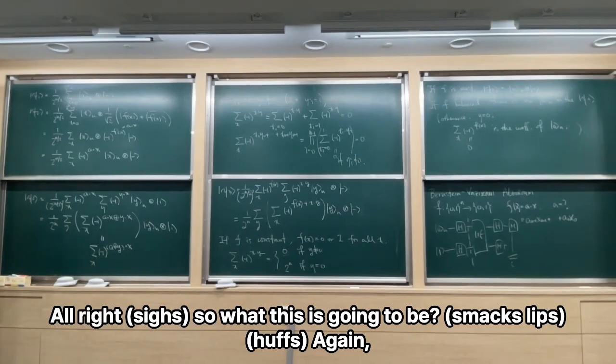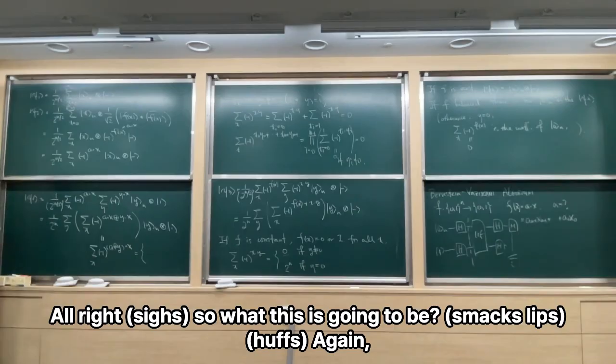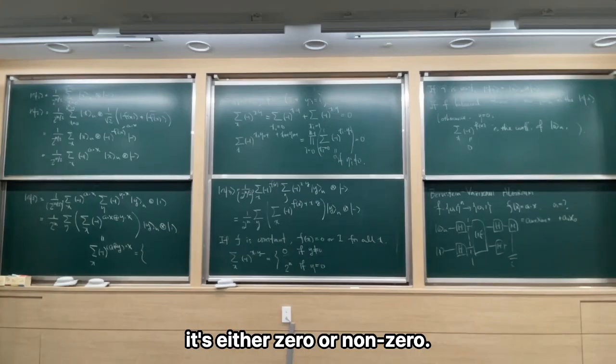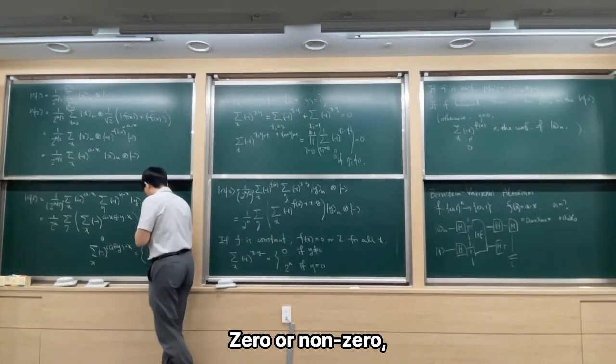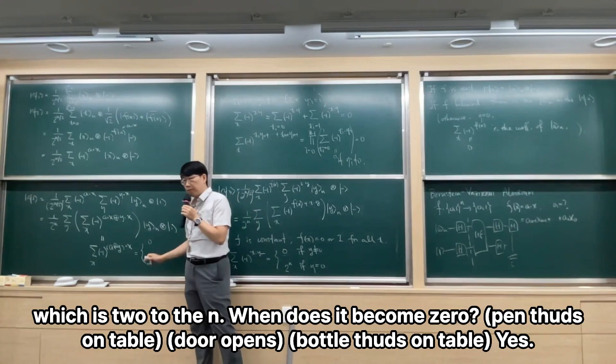All right, so what is this going to be? Again, it's either 0 or non-zero, which is 2 to the n. When does it become 0?